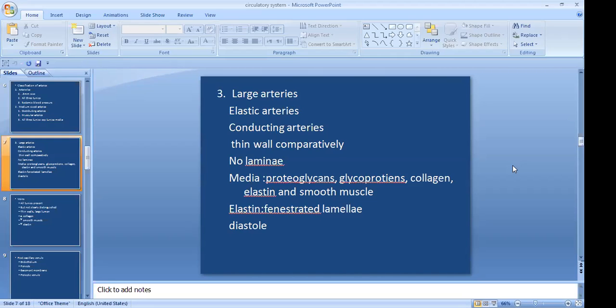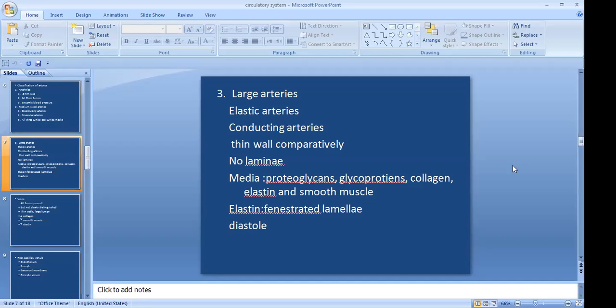Their wall is usually thin compared to the medium-sized arteries, but it is composed of more elastin. One more important differentiating point in large arteries is that all three tunicae are present, but they don't have internal and external elastic lamina.